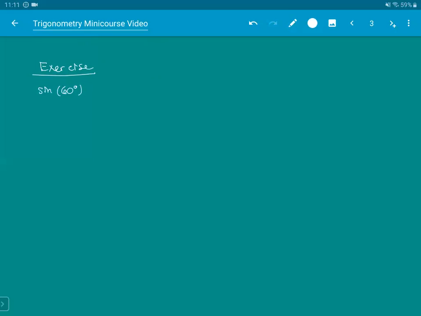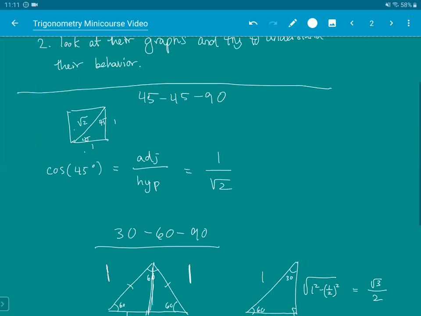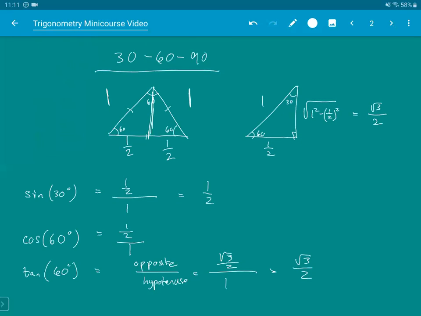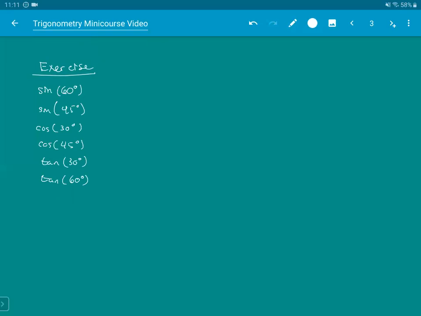So that's essentially what I'll be writing down. So notice we have looked at one of these exercises before. We have looked at tangent of 60 already, but it's just there for you to try again.